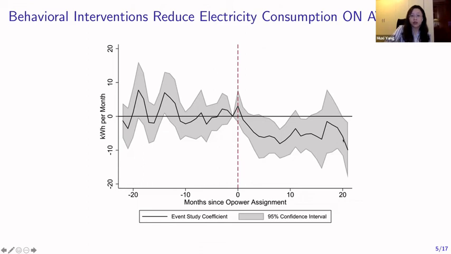So this shows that the program drives energy reduction on average, but behavioral channels are complex and people's response to the treatment might be heterogeneous. Some people might even increase consumption after treatment. So after we quantify the causal impact using the initial RCT, we can do better by targeting treatment to the types of households who might be more responsive and avoid treating households who might respond negatively.